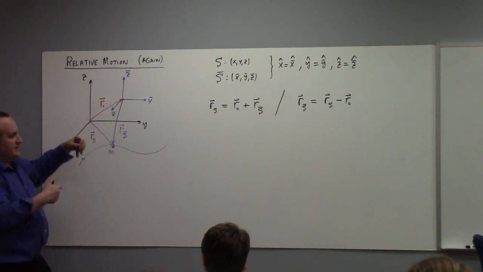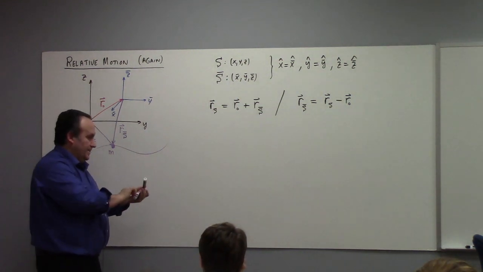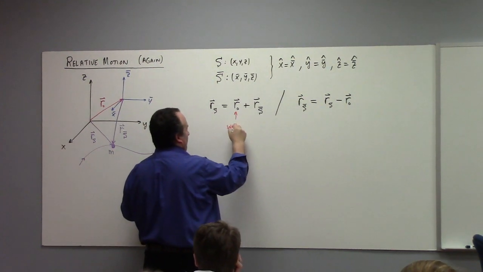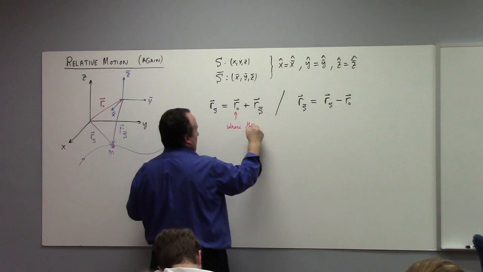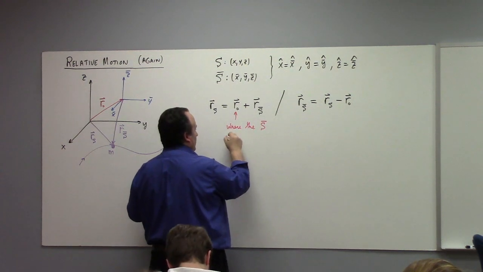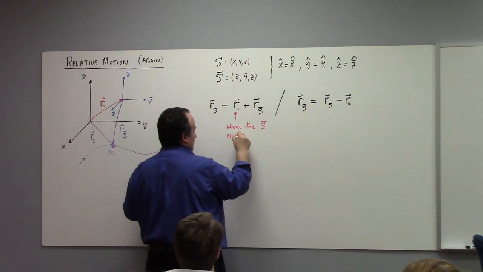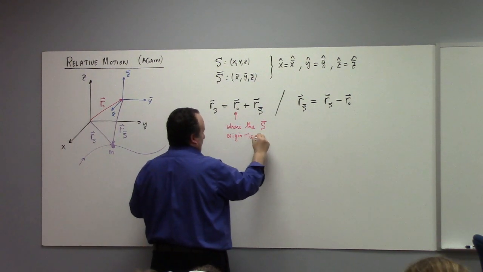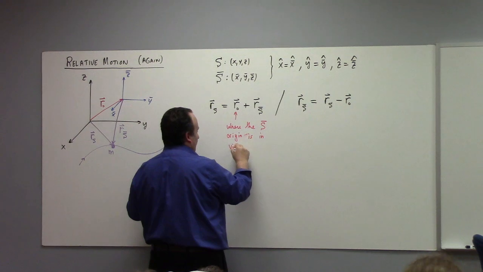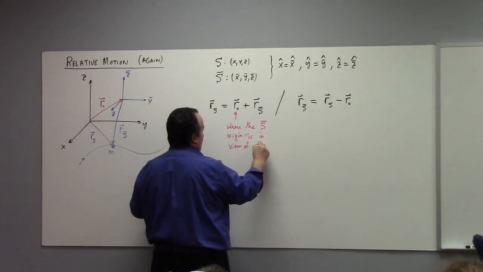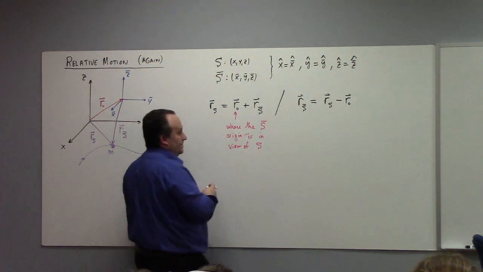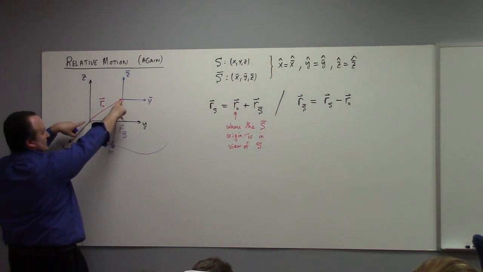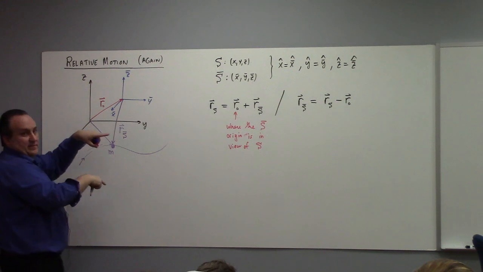R naught is, let me write this out in words, where the S bar origin is in view of what? Of the S frame. That's the position of the origin of the barred frame relative to the unbarred frame.